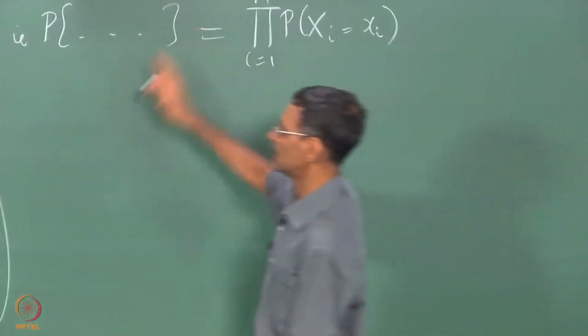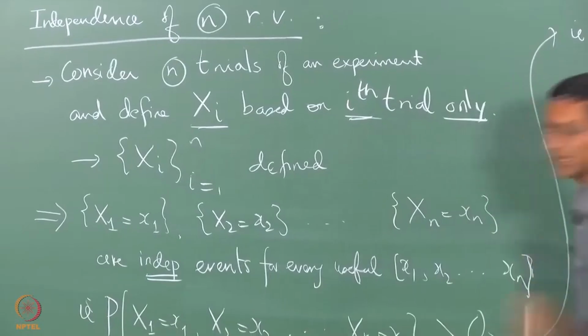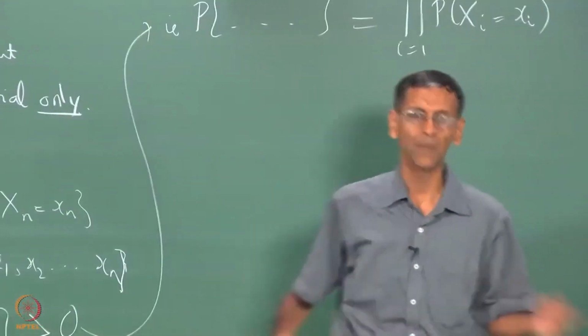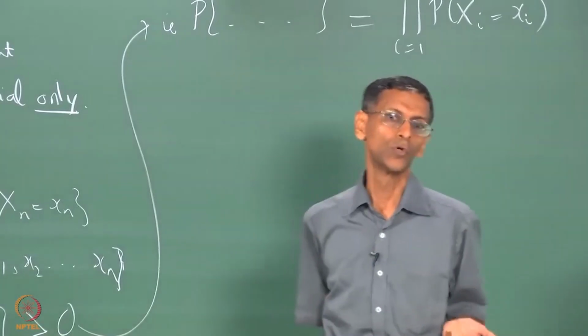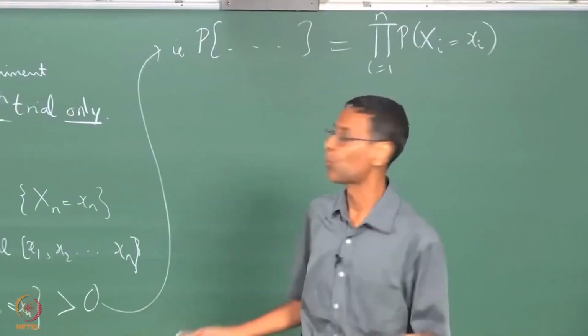Not only this, right, and what do we mean by n events being independent? This is obviously not the only condition, right? We have to have this condition being satisfied for any subcollection, which is also true, because when you have n trials, you can obviously close your eyes to the trials you don't want, right?